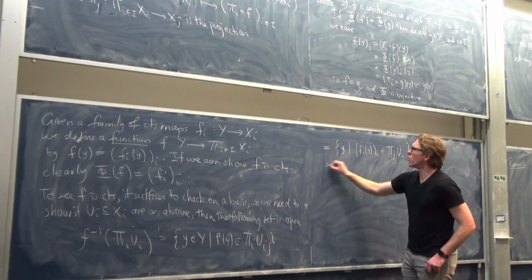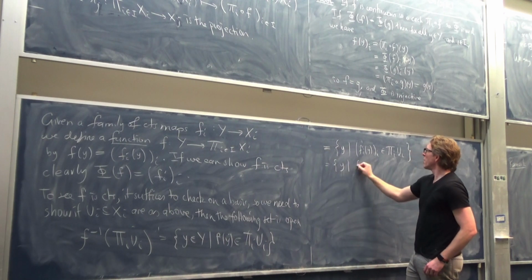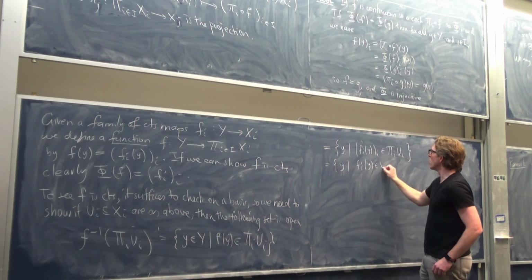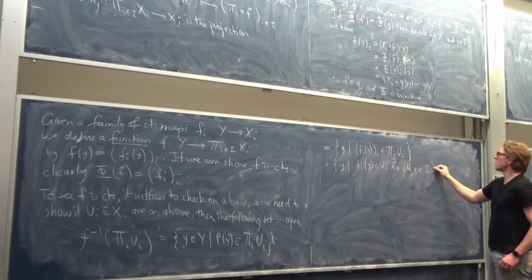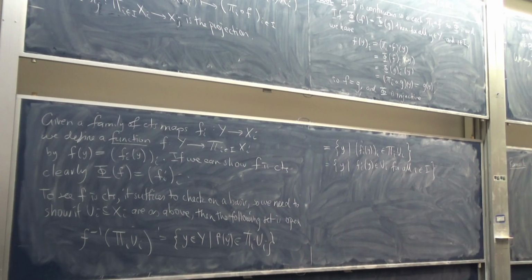So that will be all those y's such that fi of y is in Ui for all i in I. Okay, so now if you think about the next step, you'll see why we took this condition on the sort of finite support of the sequence.